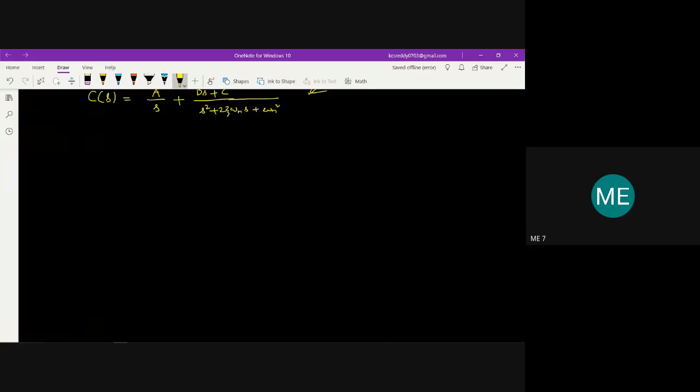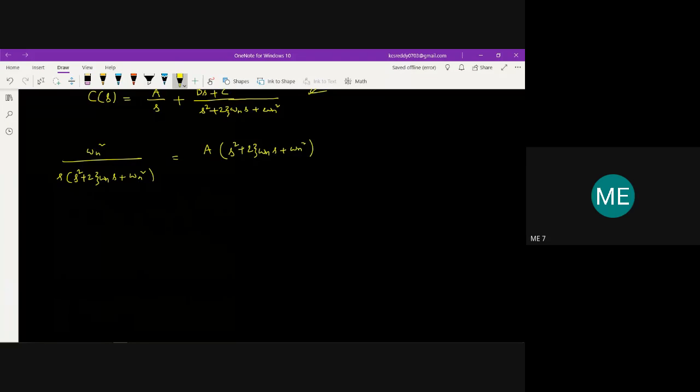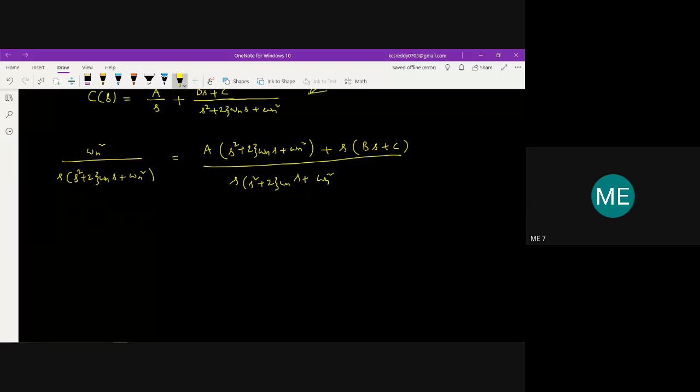Now, omega n square divided by S into S square plus 2 zeta omega n into S plus omega n square is equal to what I have written as A by S. So I'll take the LCM: A into S square plus 2 zeta omega n into S plus omega n square, plus S into Bs plus C, whole divided by S into S square plus 2 zeta omega n into S plus omega n square.